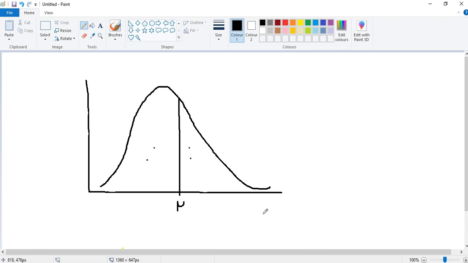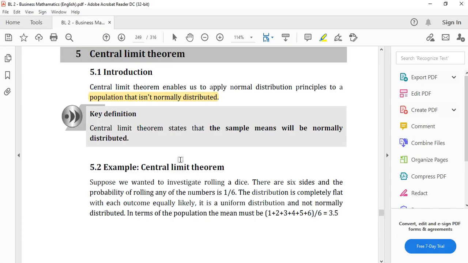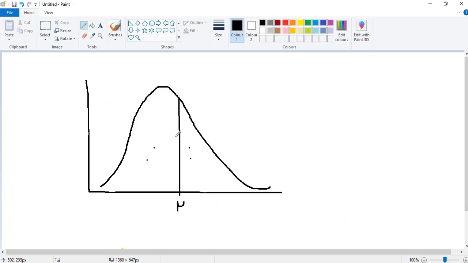It is not equal. So, central limit theorem states that the sample means will be normally distributed. So, central limit theorem will help us to find which mean will provide us the normal distribution. Okay.